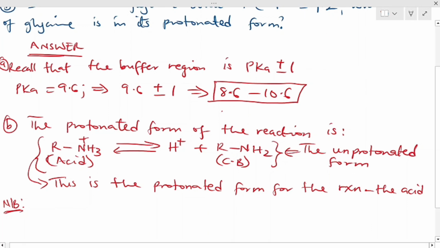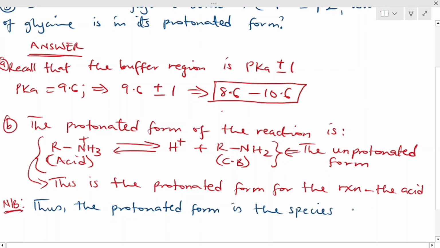So you NB, you say thus, the protonated form is the species that has the H plus, that has the hydrogen ion, which is the proton, to donate.